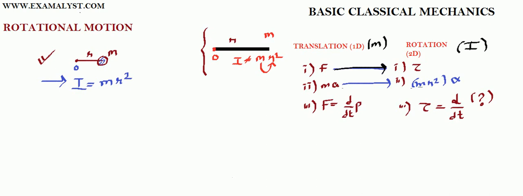For this object where a mass m is attached at a distance r, now consider this object starts rotating with a velocity v. If I have shown a velocity v, it means the object will move in a circular path. At each point, since the object is moving at a constant velocity v, the tangent to this path will be v.